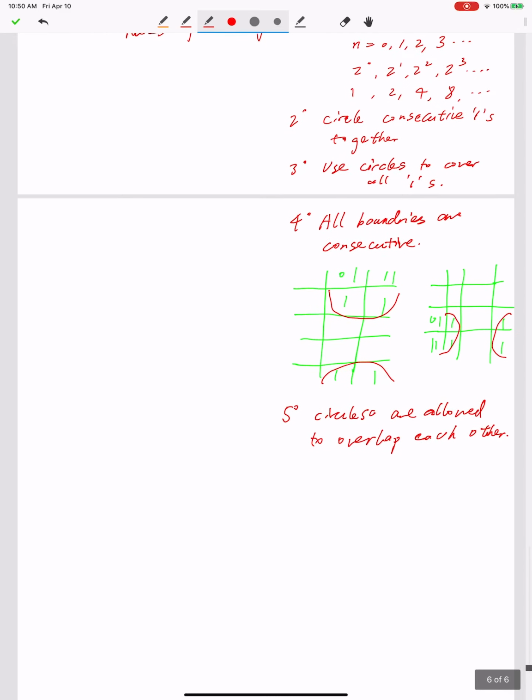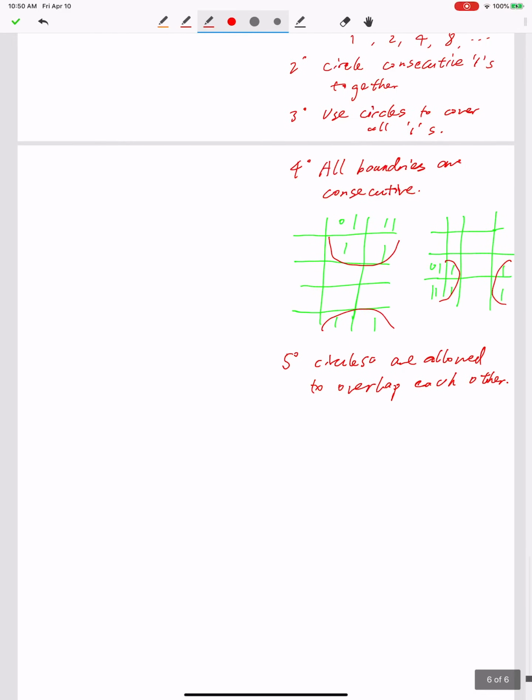Okay, so what that means? That means if you have a situation like this, let me use the green color to draw the kernel map.